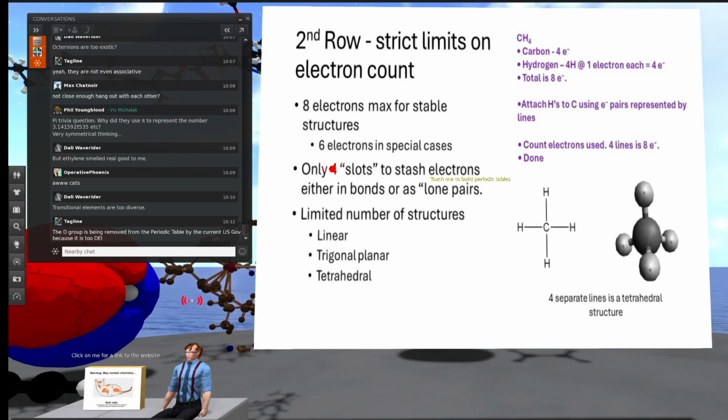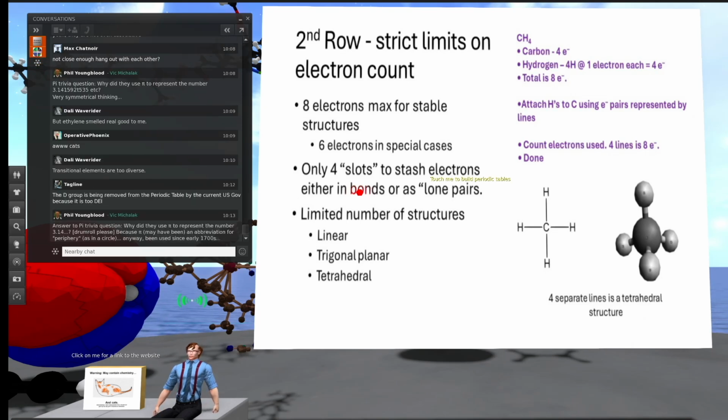And these 8 electrons have like 4 slots that they can be in. There's only like 4 places to stash electrons, either in bonds, which we talked about. They are the pairs of electrons represented by lines that are basically shared between 2 atoms, and the positive charges of the nuclei of the atoms are attracted to the electrons, and the whole thing kind of stays stuck together.